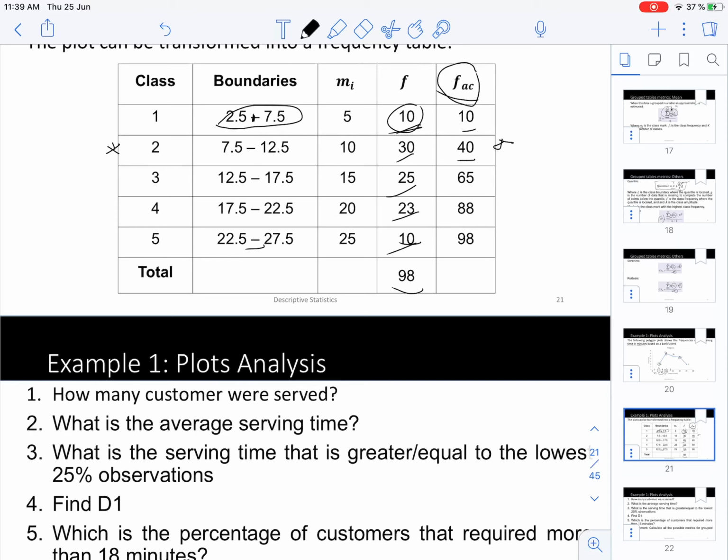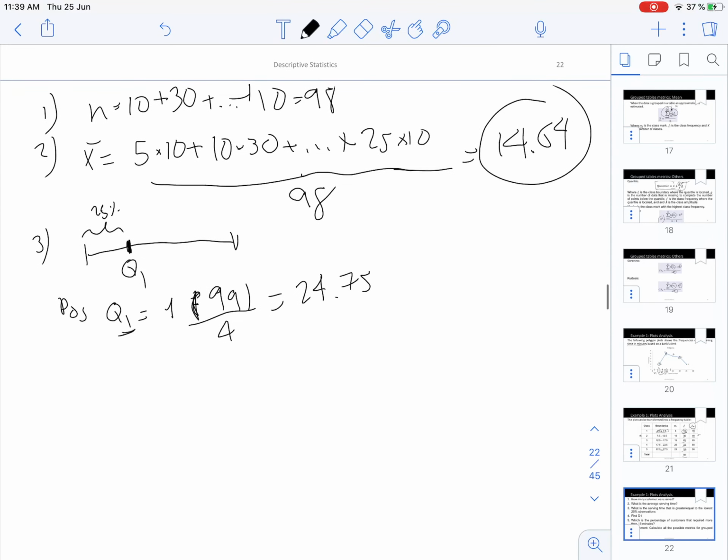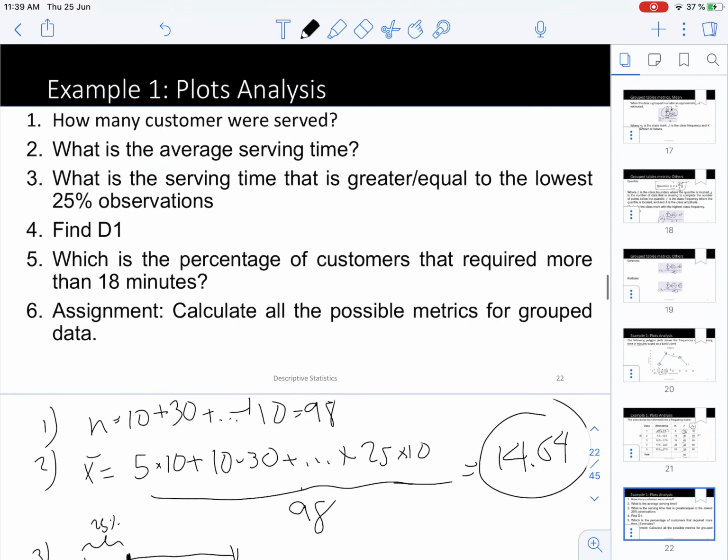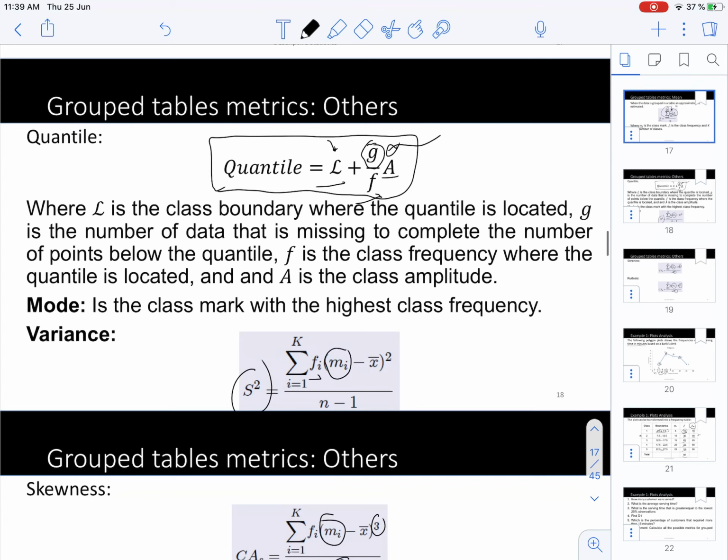All right, so we know that the quantile, or in this case the first quartile, is located inside the second class, right? And that's important because when we want to find Q1 with grouped data, remember that we're going to use this equation.